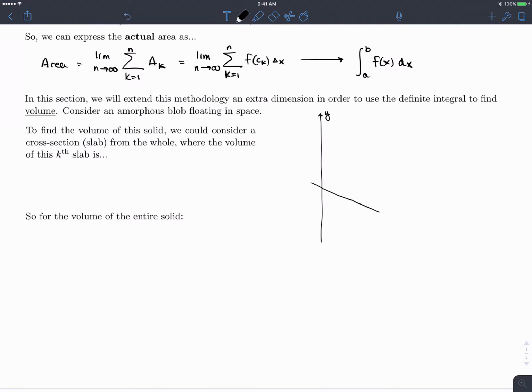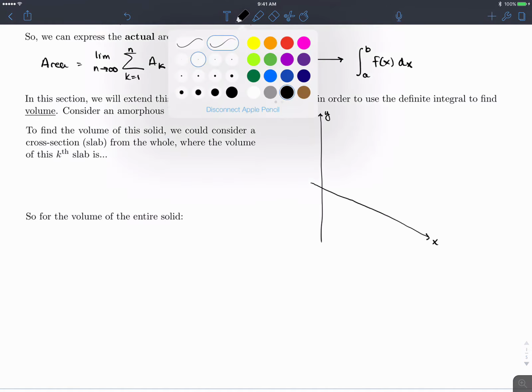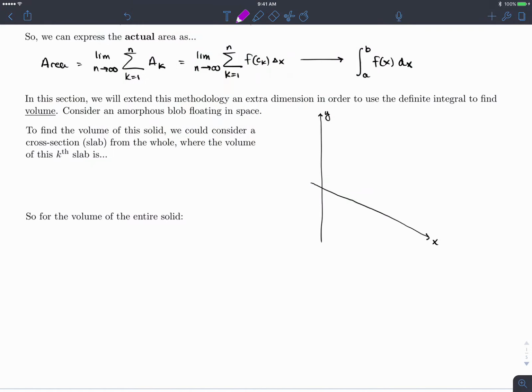Imagine that this is coming out of the screen at you. So this is our x-axis. And then I'm going to draw just a little blob here that exists on the axis.